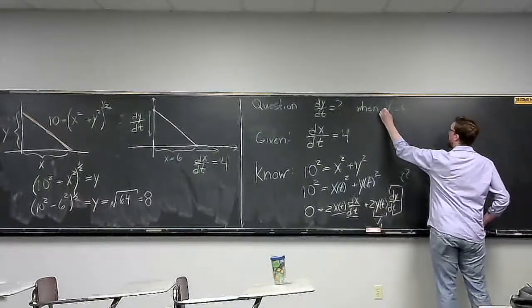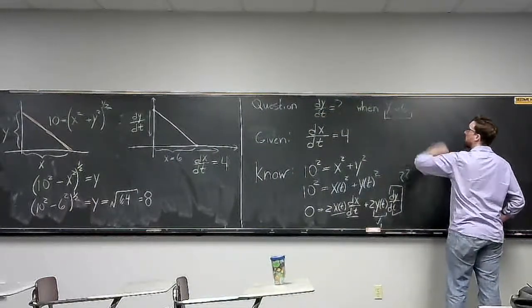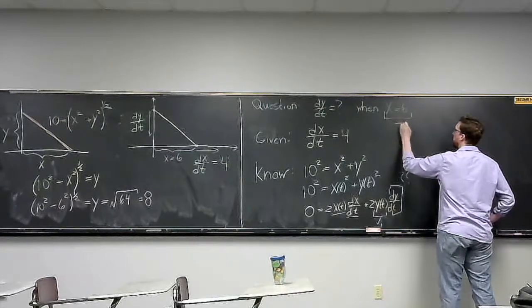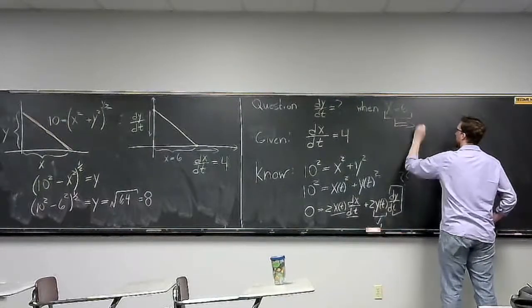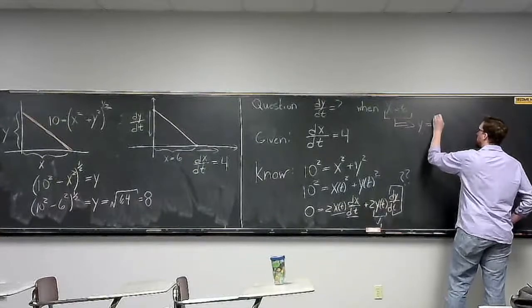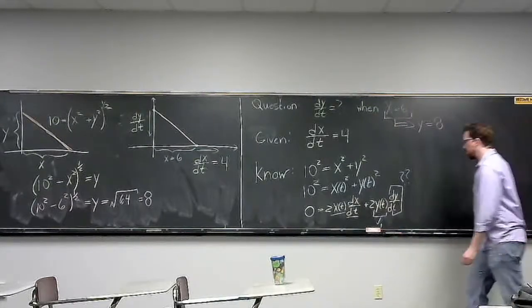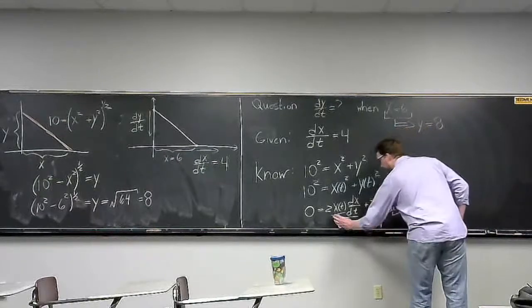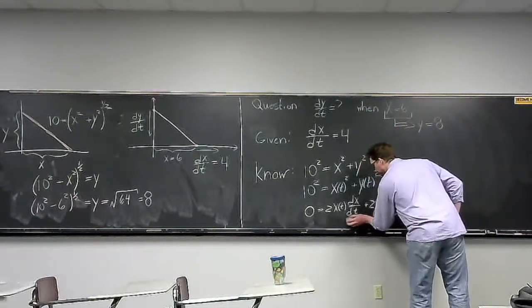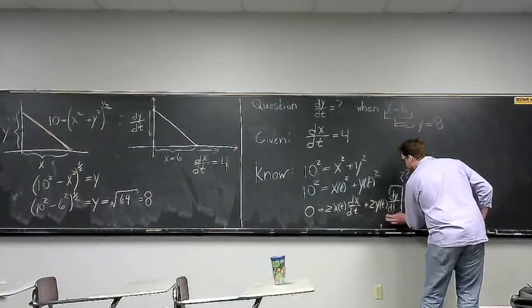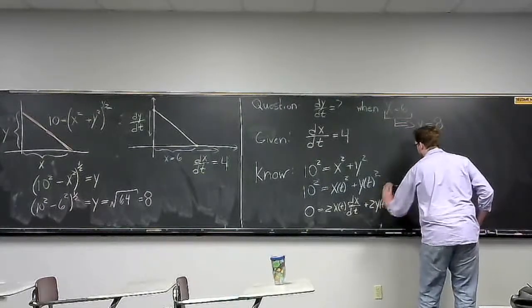So this information right here, this x equal to 6, tells us then that y is equal to 8. Okay? So now we can start putting all of this together and start rearranging things.